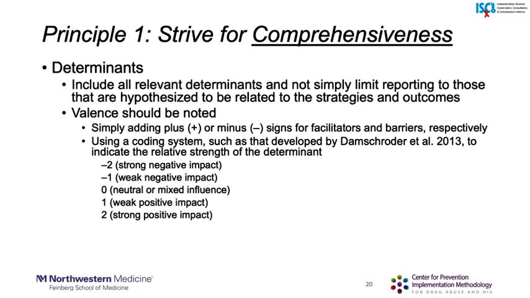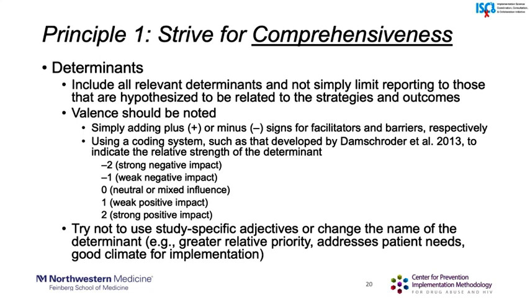They have a system that indicates the relative strength of the determinant that goes from a -2, which is a strong negative impact, to a +2, which would be a strong positive impact on the success of the implementation. So as you can tell, that goes from a significant barrier to a very significant facilitator, and there are places in between where you can get a little more specificity than just the regular plus or minus.